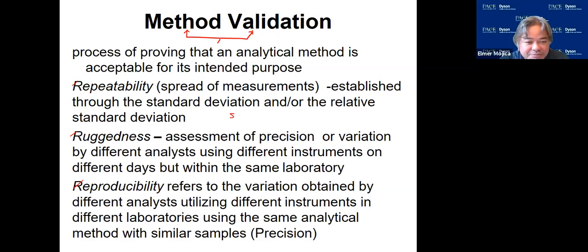And then you have reproducibility. Reproducibility is just precision. It refers to the variation obtained by different analysts using different instruments in different laboratories using the same analytical method with similar samples. So here, you can tap another lab to see if the method you're validating is reproducible.